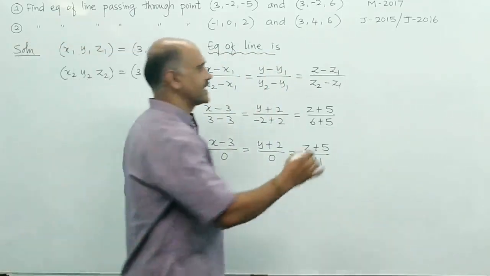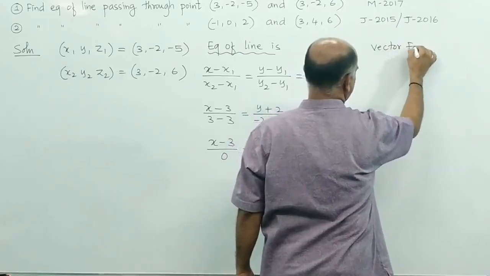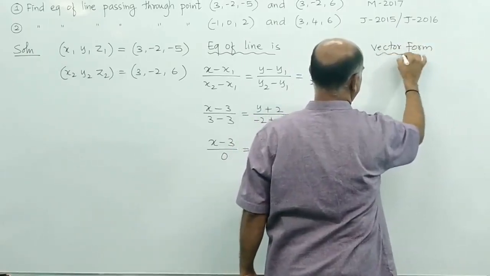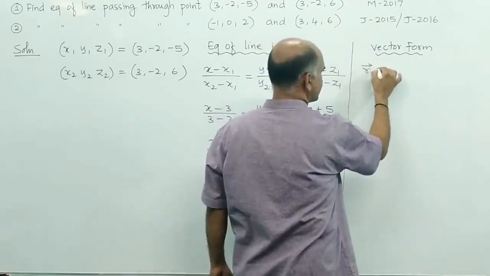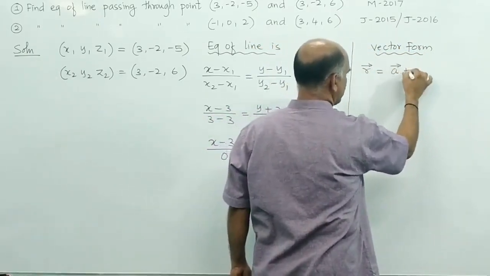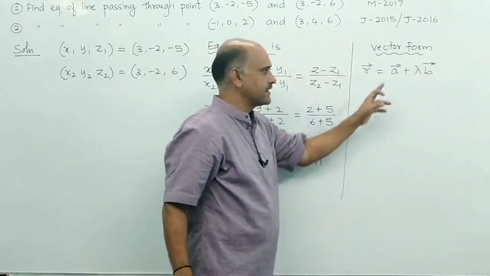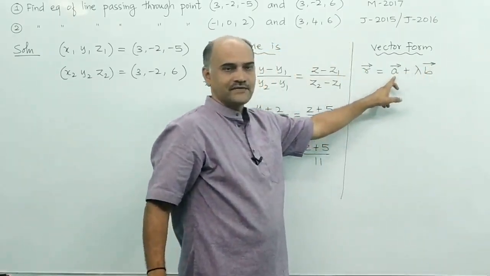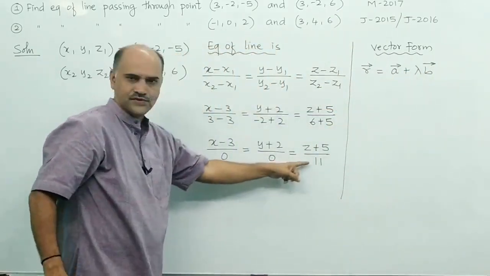Now again you write the vector form. So if I take the vector form, r = a plus lambda b. Here a denotes x1, y1, z1, and b denotes the direction ratios.